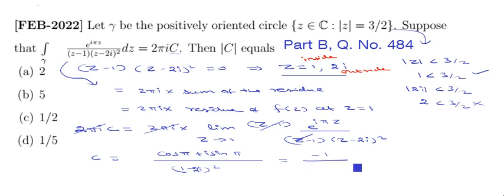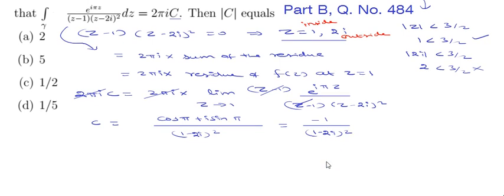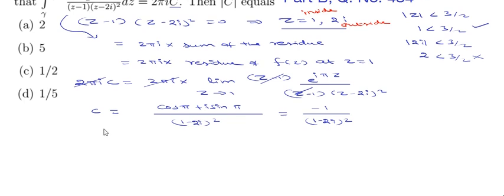Therefore minus 1 divided by (1 minus 2i) square. We need to find the modulus of c. So modulus of c is equal to modulus of minus 1 divided by (1 minus 2i) square.